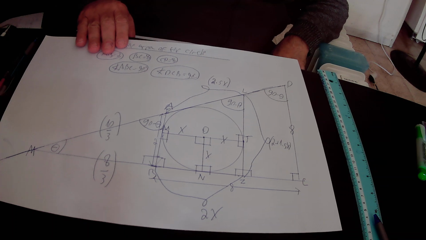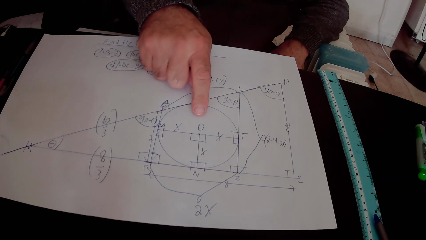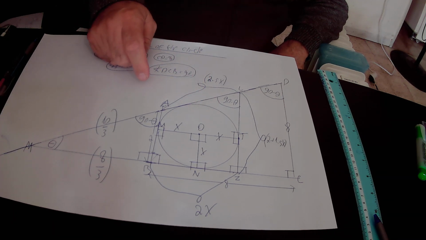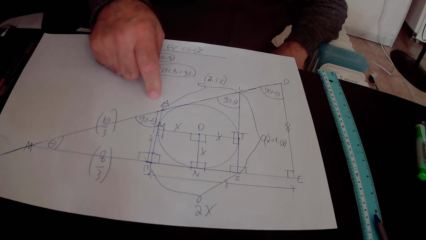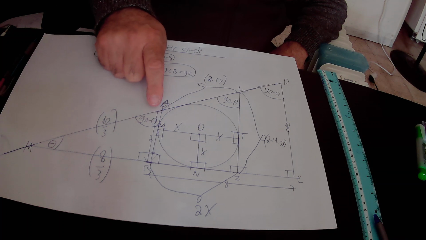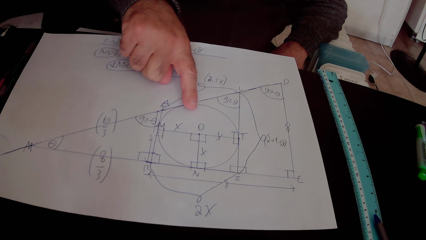First of all, we define the center of this circle as O. AB is tangent to this circle at point M. We join points M and O by a straight line.